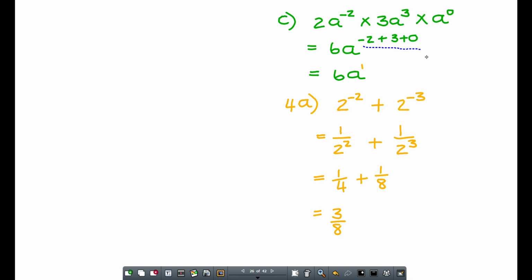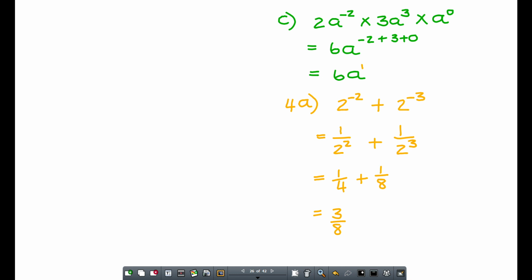And that will give you 1. I wrote that 1 there just to show you what the answer would have been, but you could have left it out. That's why I wrote it in orange. You guys good? So you could have just said 6A.